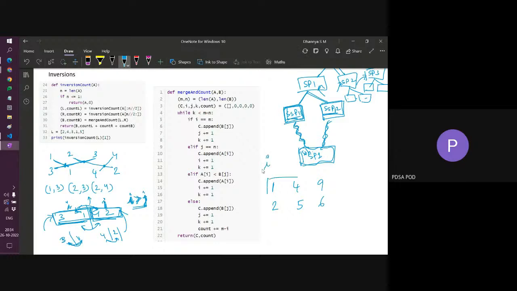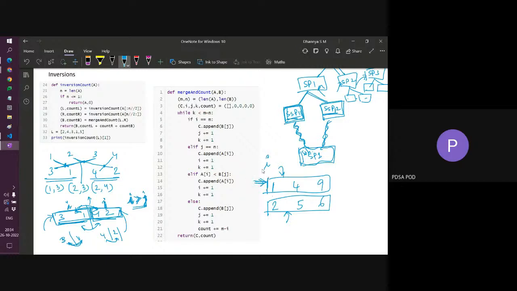Now you want to combine the inversions of these two and find whether there are inversions across. Say this is the left half and this is the right half. This is an example where I want to show the merge.